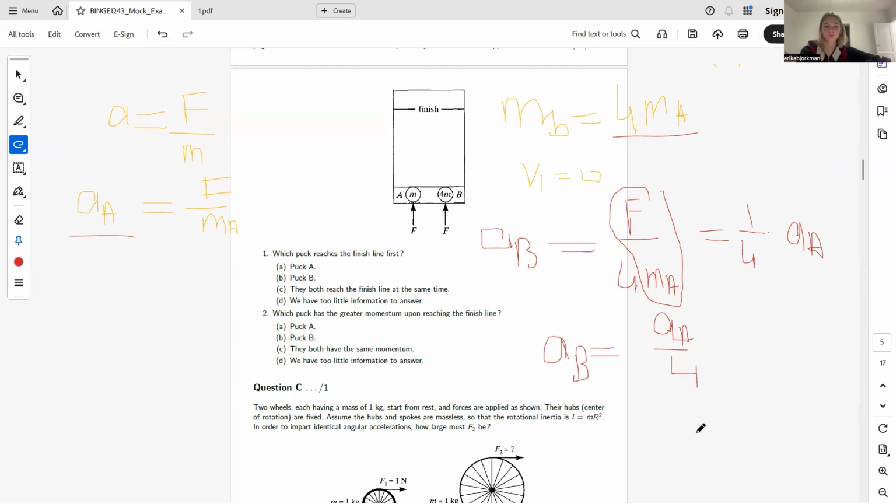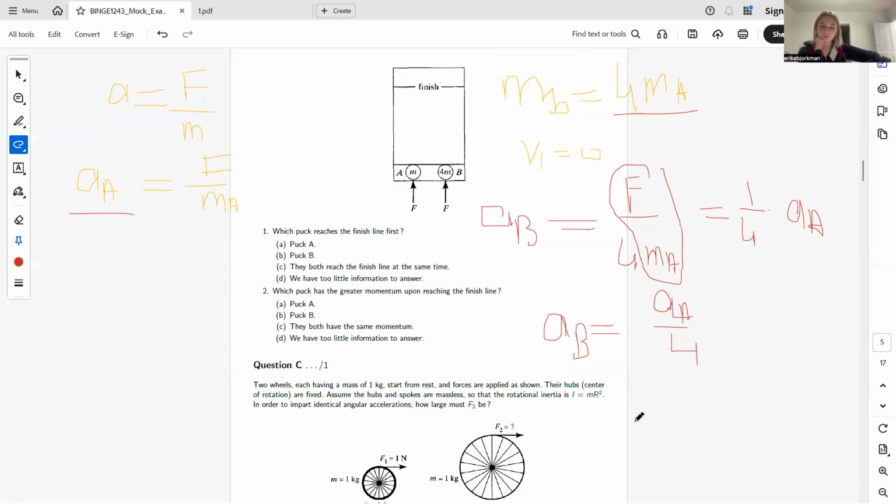In this case, we can see the acceleration of mass B is 1 by 4th times the acceleration of mass A. We can say acceleration of A is greater than acceleration of B.